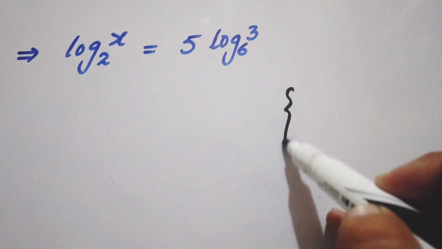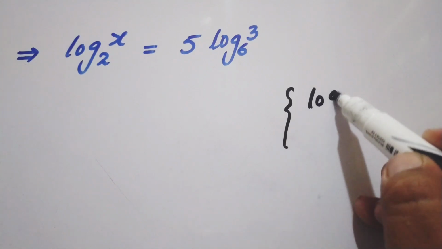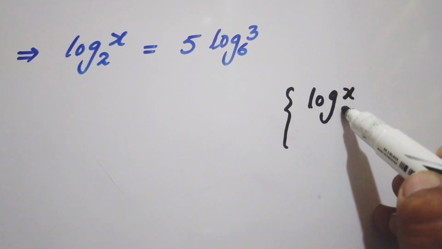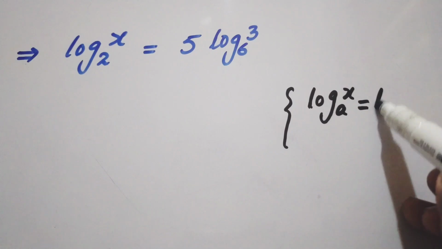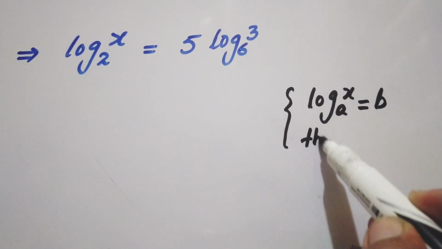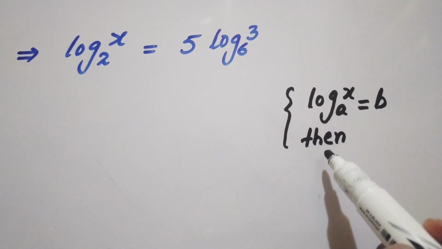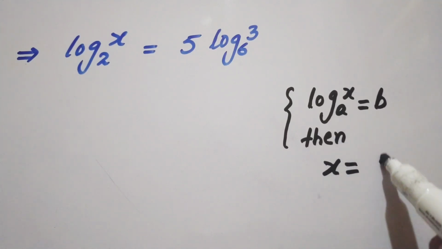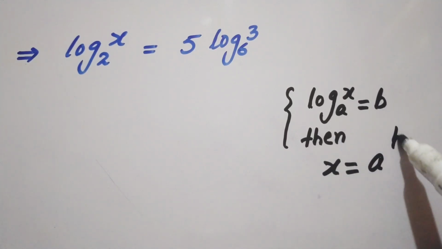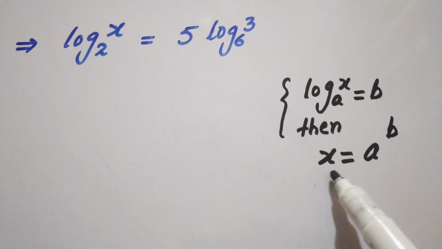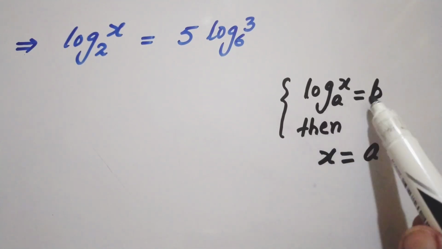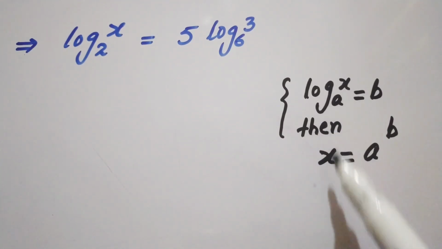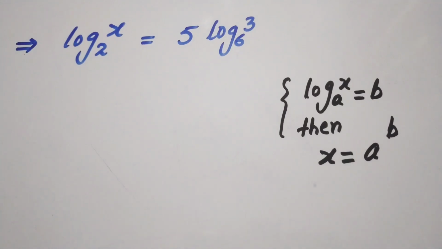As if we have log of x to base a is equal to b, then this will become x is equal to a power b, or we can write this in logarithmic form as log of x to base a is equal to b.